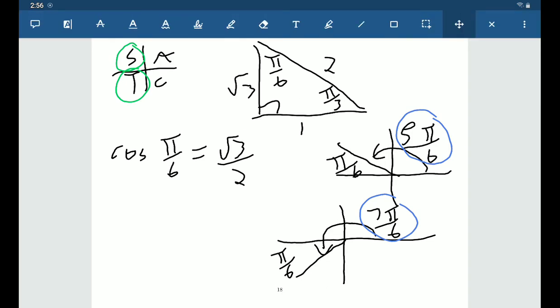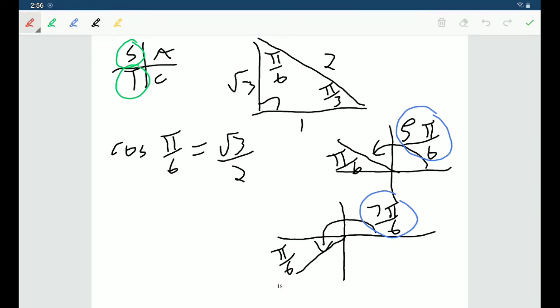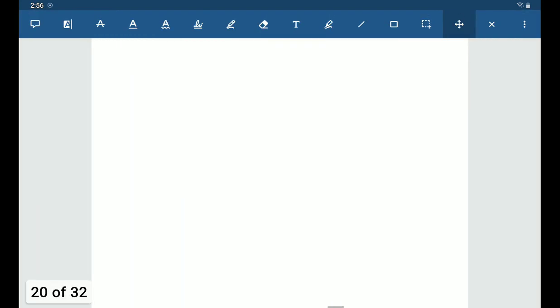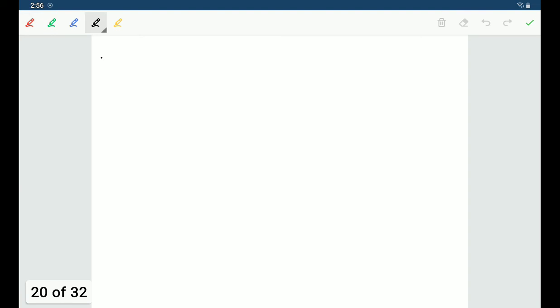So now we'll do the same sort of thing that we did before and say, well, now that we've found these two solutions, one solution in quadrant 2 and one solution in quadrant 3, the other solutions I'll find by going forward one full circle, adding 2 pi, and going forward a full circle again, adding another 2 pi. So let's do that. We'll say that we had that u was supposed to be 5 pi over 6 or 7 pi over 6.